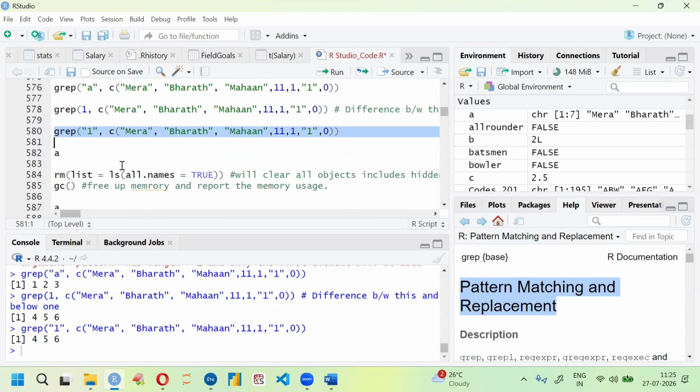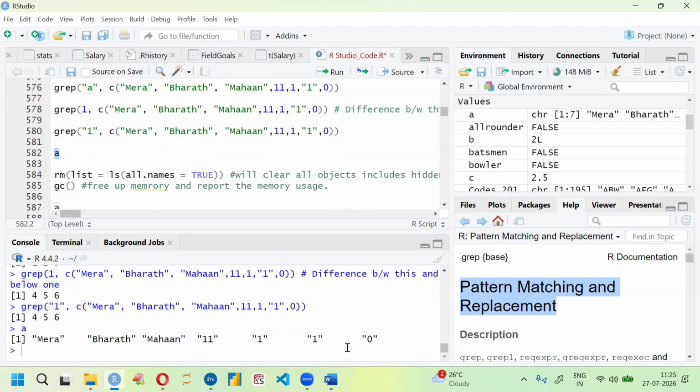And next, guys, if you want to clear, suppose let us run A. Have we created A? Yes, A is Mera Bharat. So here we got A. If you want to clear your memory, always having a lot of variables in your R Studio is not advisable. It may slow down. So you have to free up certain memory.